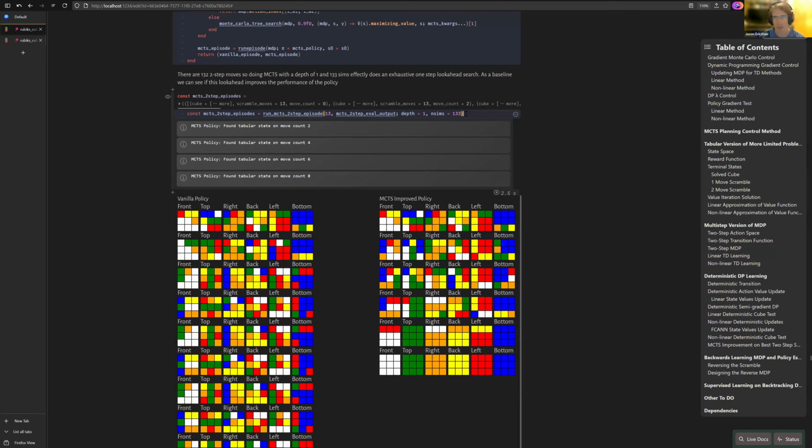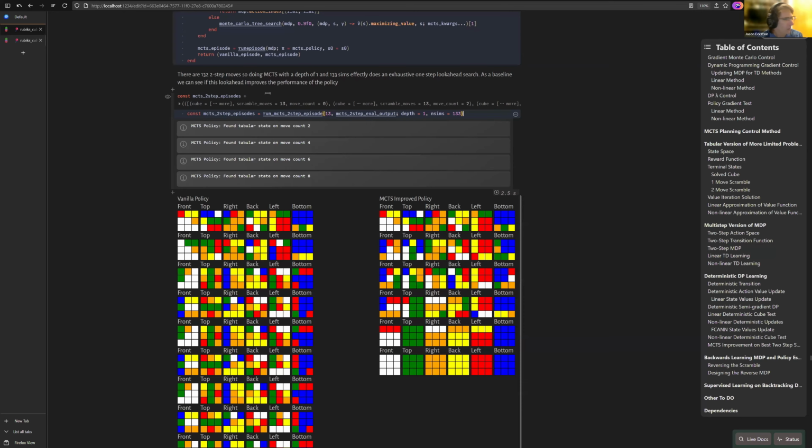Now, this tree search isn't even very fancy, because the way I've set this up, it's only doing a depth of 1. So effectively, all I'm doing here is a 1-step look ahead on the policy that I've trained. But even that does boost the success a lot. You can collect statistics on it and see.